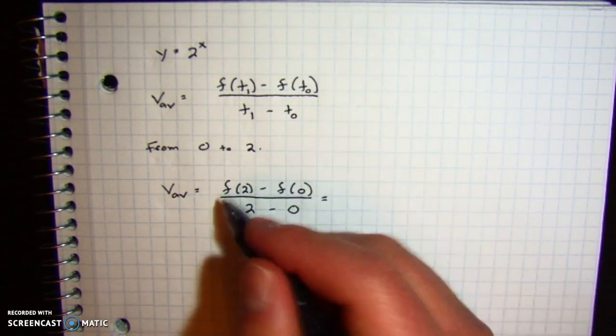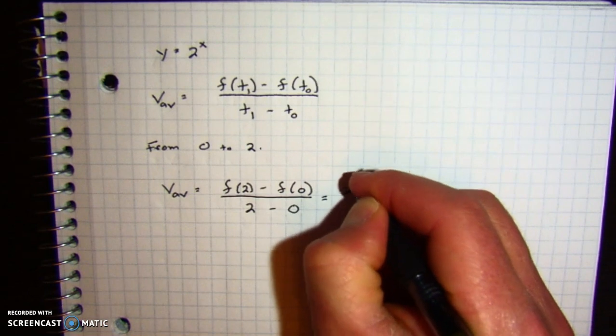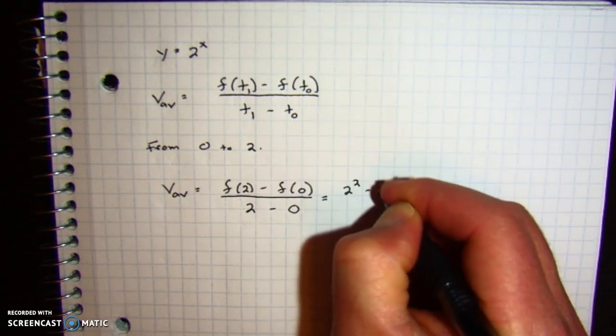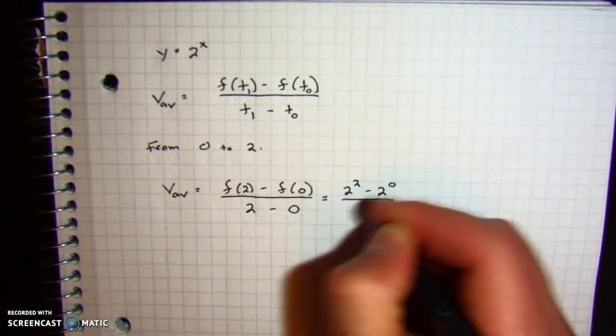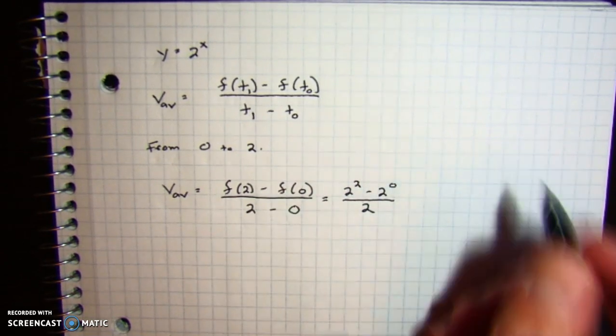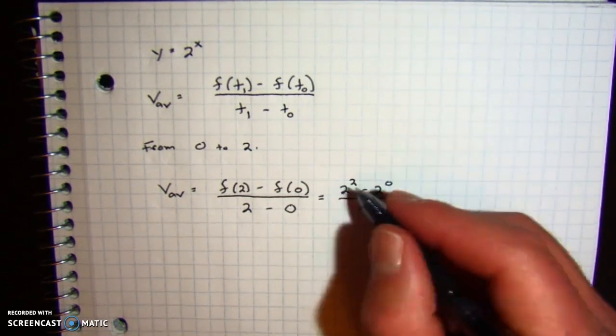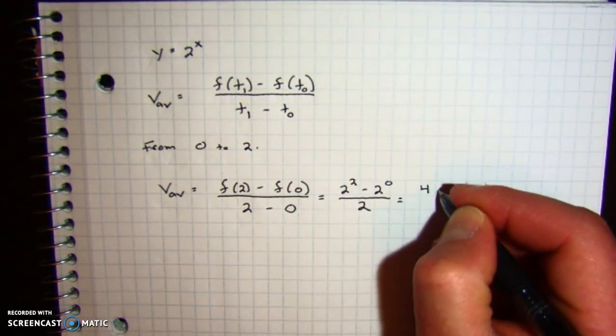So f of 2, well, our function is 2 to the x, so we've got 2 to the power of 2 minus 2 to the power of 0 over 2 minus 0. That one we'll just do the math real quick. Anything minus 0 is just 2. All right, so let's keep going. 2 to the 2 is 4.